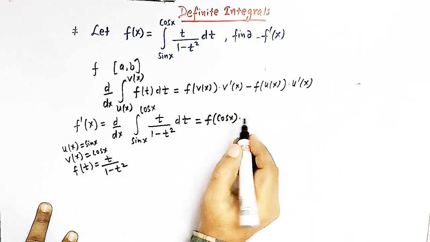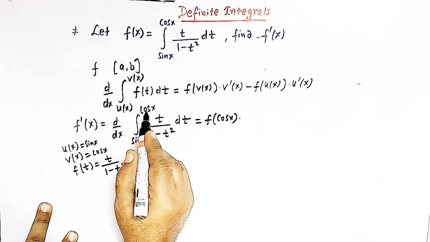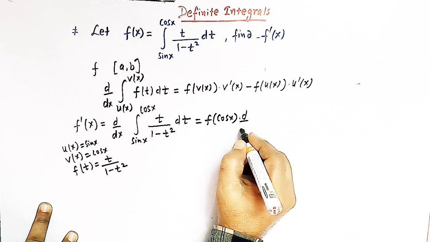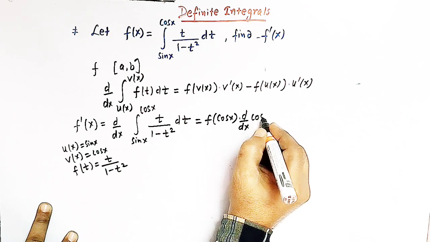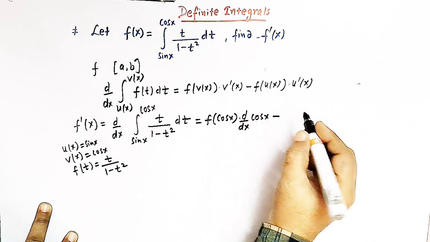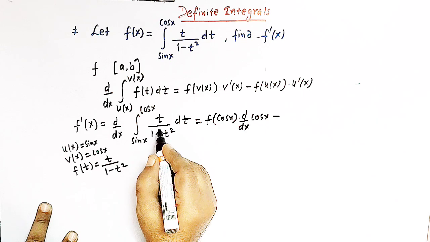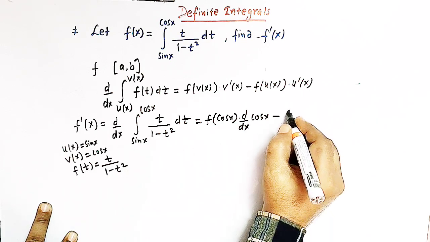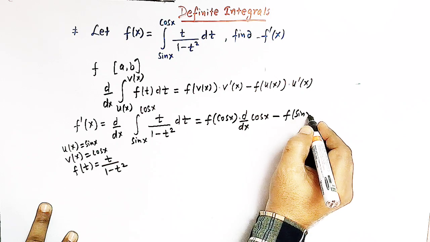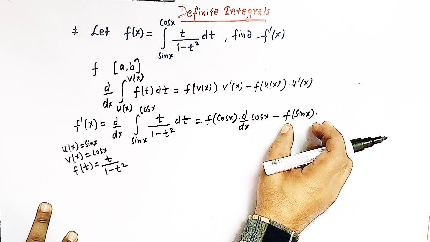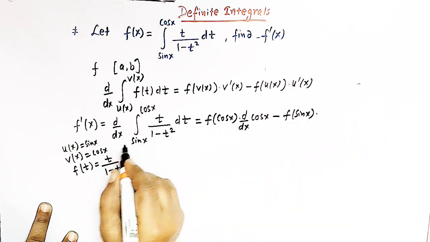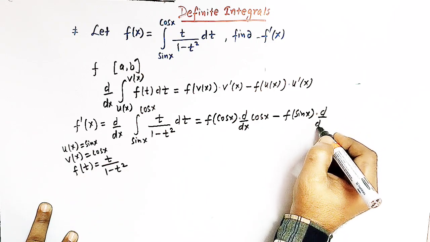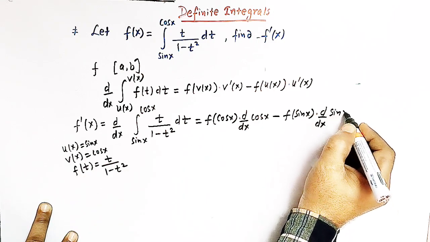Then we multiply this quantity with the derivative of cosine x, that is d by dx of cos x. Then we have the negative sign, then we replace t by sine of x, so we have f of sine x, and we multiply this quantity with the derivative of u of x, so we have d by dx of sine x.